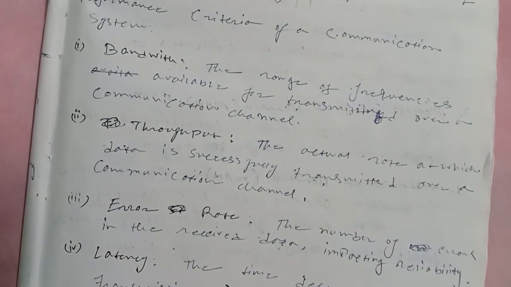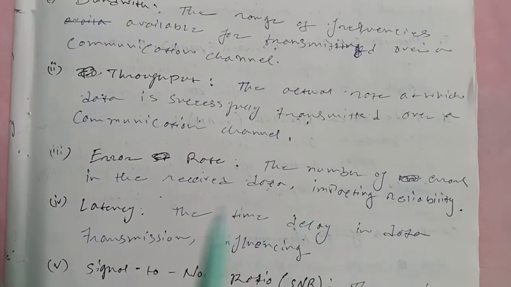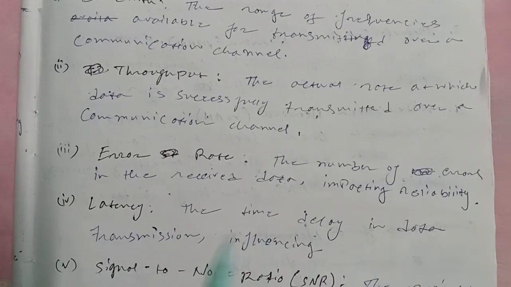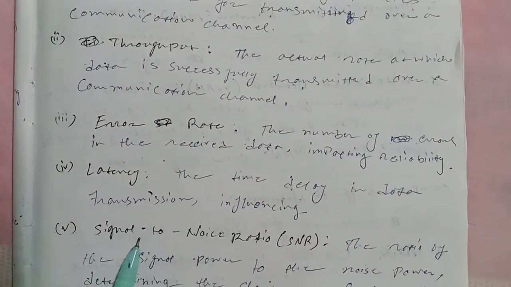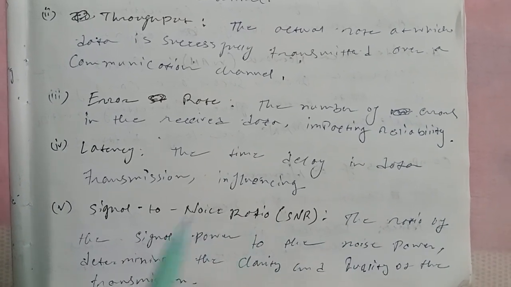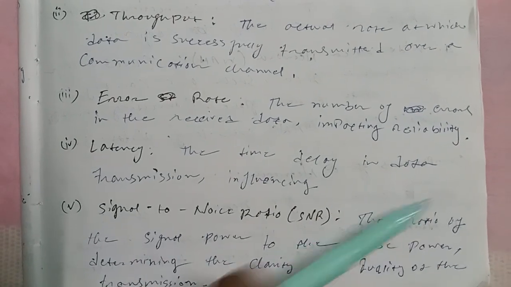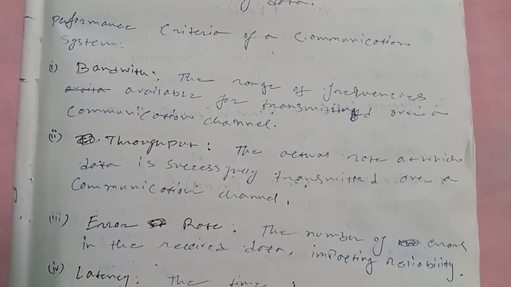Third one is error rate, the number of errors in the received data, impacting reliability. Then latency, the time delay in the data transmission. Signal to noise ratio, the ratio of the signal power to the noise power, determining the clarity and quality of the transmission. These all are the performance criteria of a communication system.